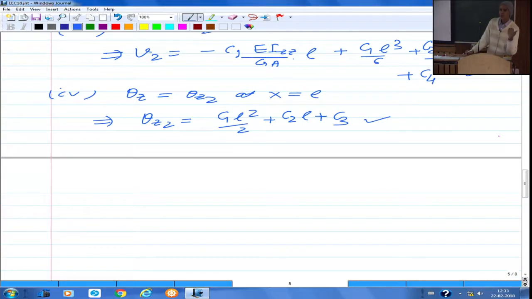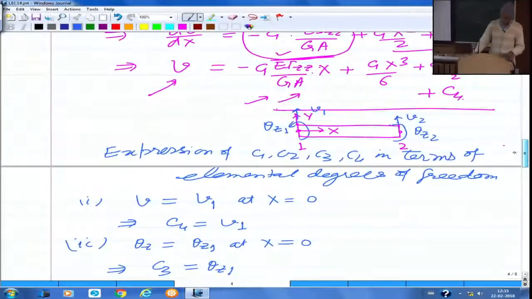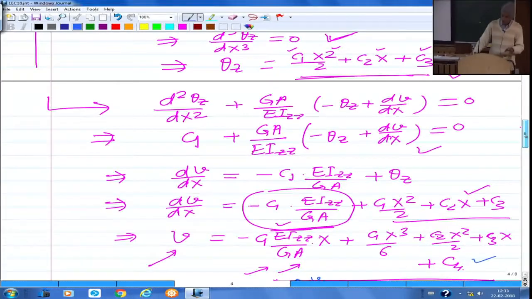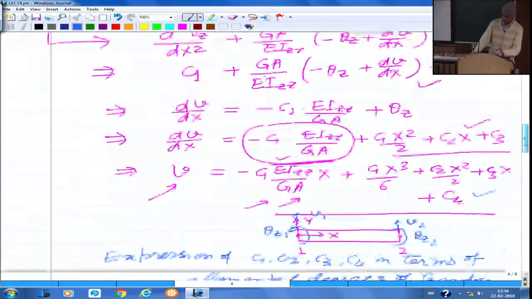Finding out C1, C2, putting back into these two expressions, then collecting the coefficient of each of V1, theta z1, V2, theta z2, we will get the shape functions for V and theta z. So you would get finally V is equal to something like this. Let me say the first set of shape functions as n1, or whatever notation you want to use.